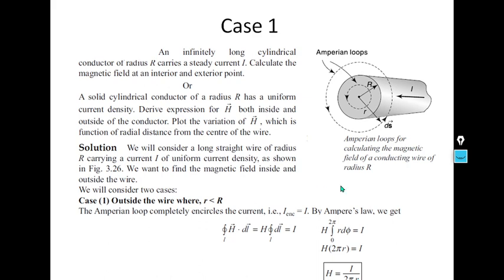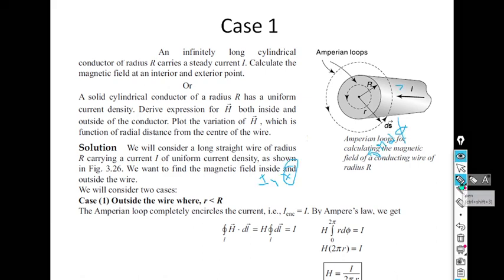If the current is constant, then H is inversely proportional to r. So if I increase r, this field strength will decrease.